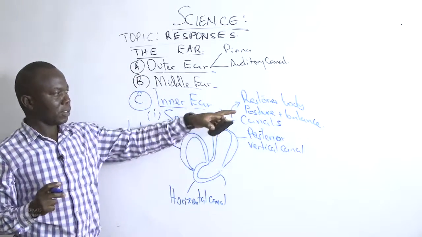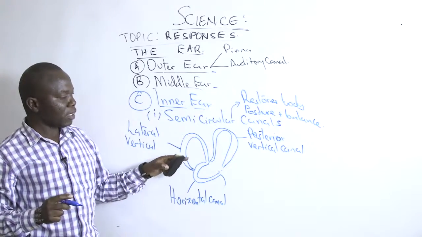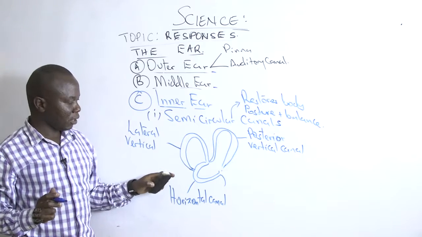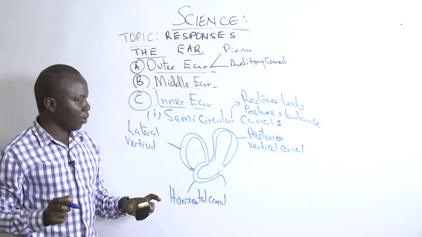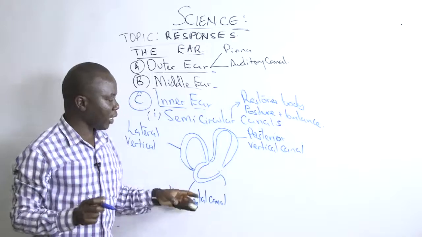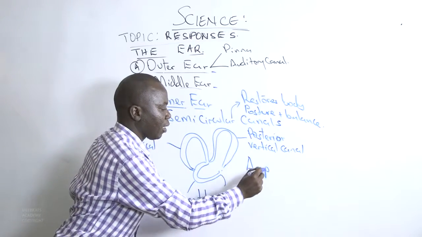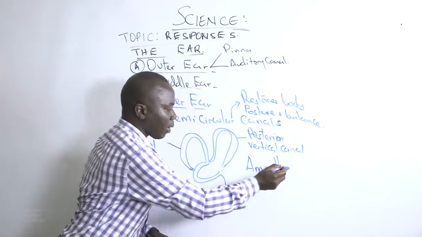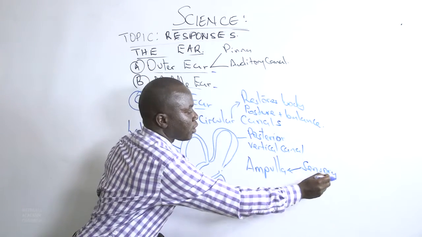So how is this purpose achieved? In the semicircular canal, we have sensory cells that are held on structures called the ampulla. In each of these semicircular canals, we have a structure called the ampulla, and on this ampulla is where we have sensory cells.